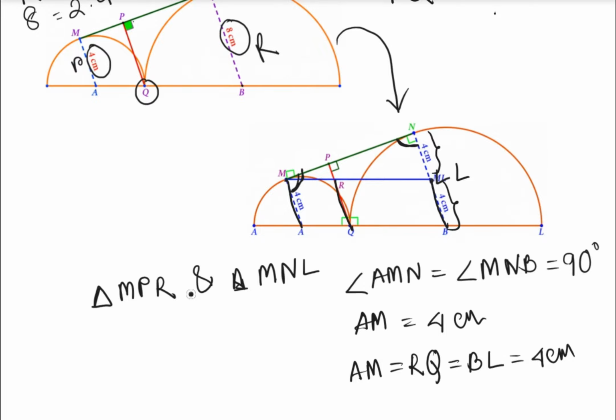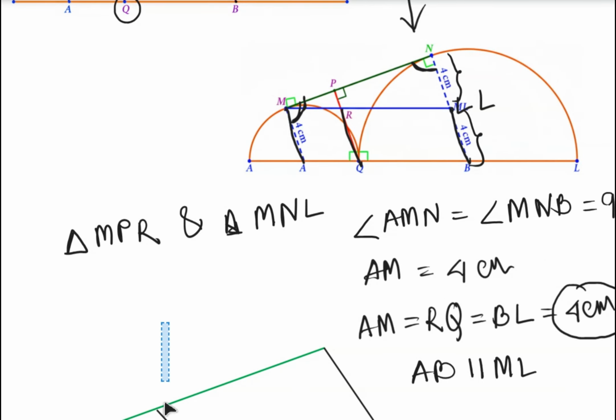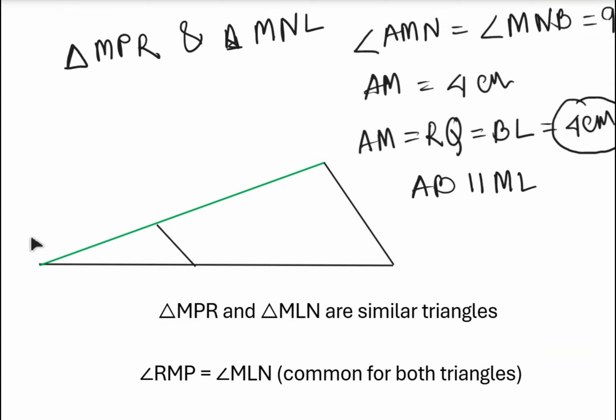So the ML line and AB, these two lines are parallel to each other. As a result, these three lines are equal, and of course the value of AM is 4 centimeters, so these three lines are 4 centimeters in length. So the AB line and ML line are parallel to each other. Now if we redraw these two triangles, let's consider the red pen for MPR.